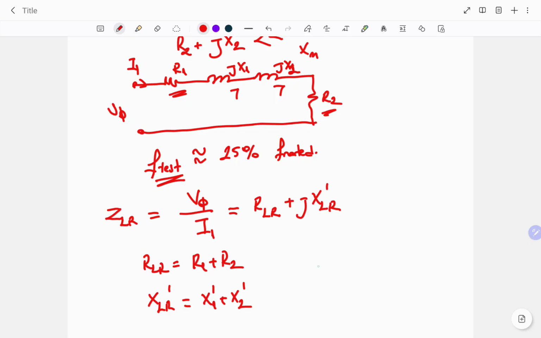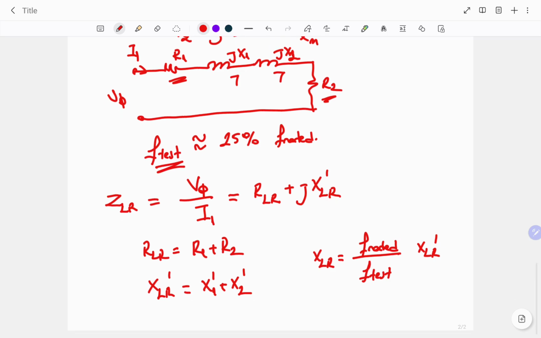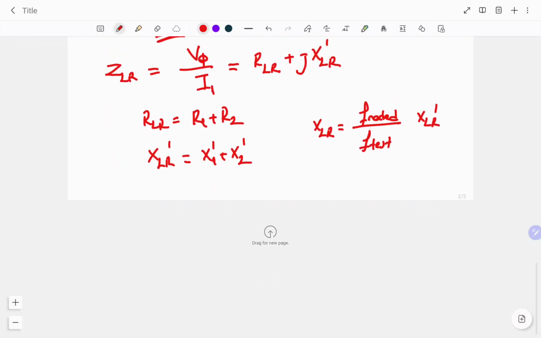So the X locked-rotor can be calculated with the ratio between the frequency F rated over F test times X locked-rotor prime. So the actual, rated value can be calculated with this expression. Okay, let's continue with an example to understand these calculations.